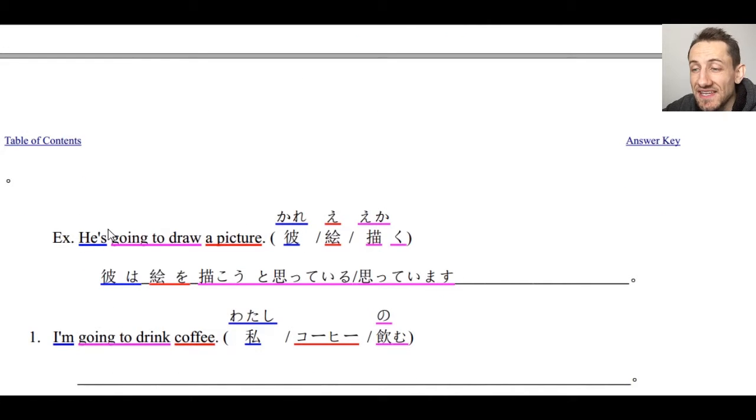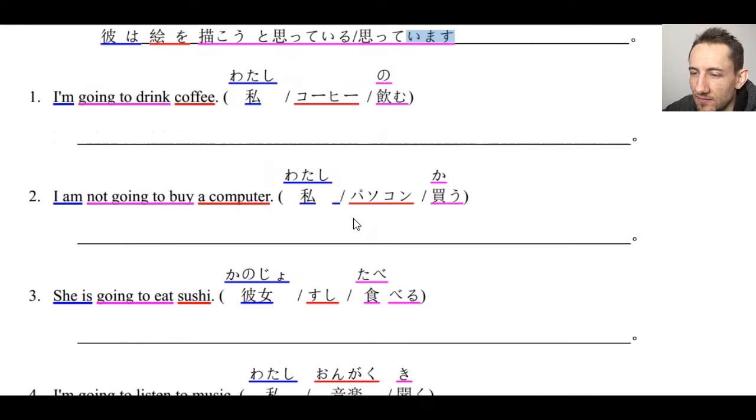And if the subject is he, so he's going to draw a picture. So we have 彼、描く. It should be が. So 彼は絵を描こうと思っている. 彼は絵を描こうと思っています. So remember, we're talking about he, so we need to use the teiru form of 思う. So let's see, here we have numbers 1, 2, and 3.